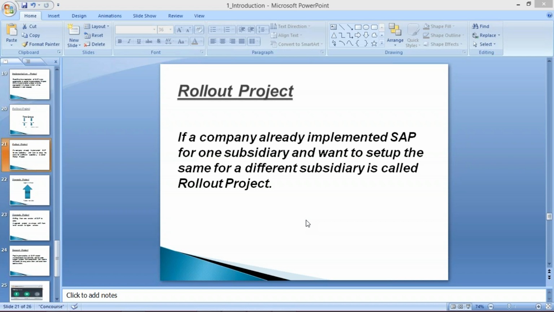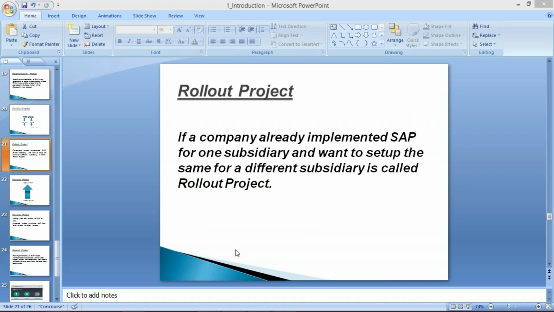Now, what are the major differences between implementation and rollout project, you guys will be able to understand during the practical session. During practical you will come to know what activities will be performed, and what is the major difference between implementation and a rollout project. As I said, in implementation we perform 100% of the activities, whereas in rollout we perform hardly 70% or 60% of the activities.